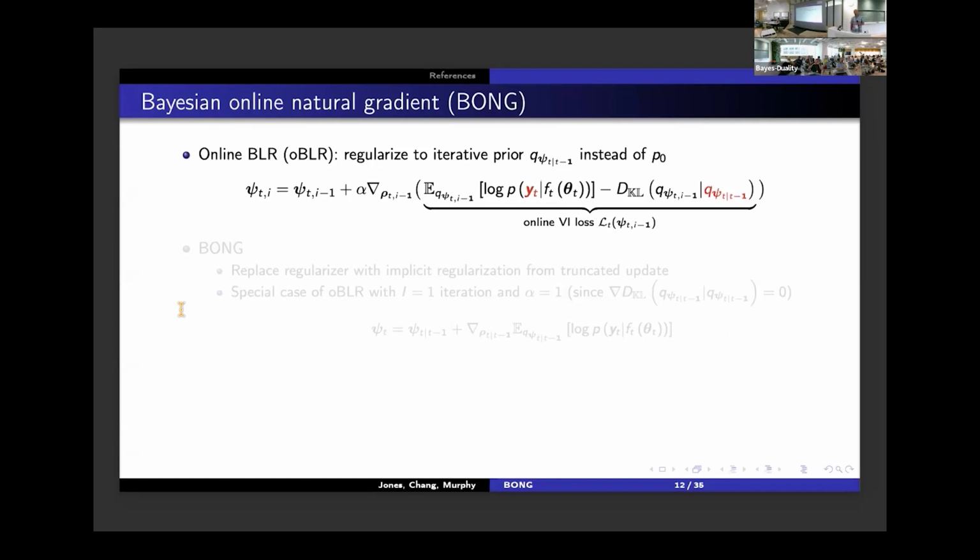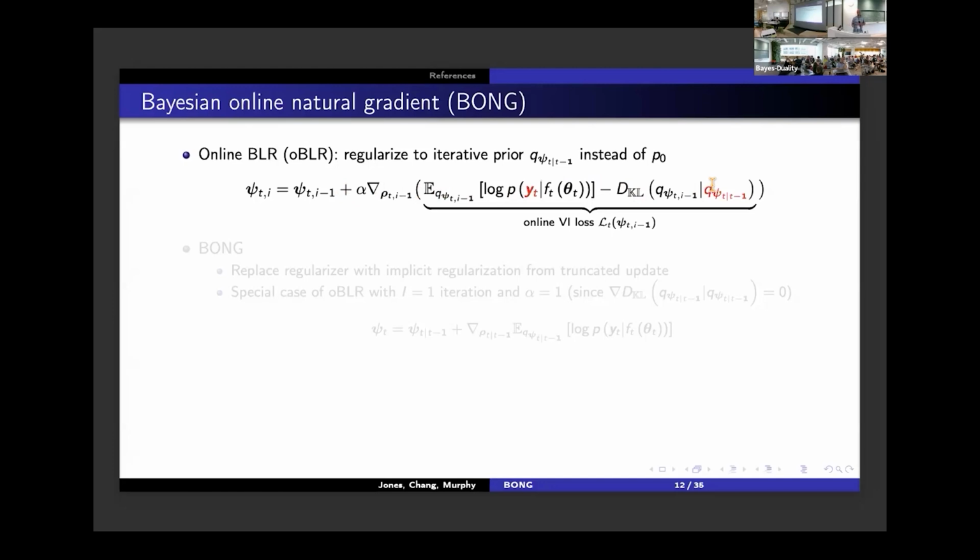So if we're doing an online version of BLR, the idea would be that we would take the online VI loss, which again decomposes as the expected log likelihood of the current observation, or the negative, flip all the signs around, put a minus sign here, so you have the expected negative log likelihood plus a KL divergence from the prior that was carried over from the previous step, okay?